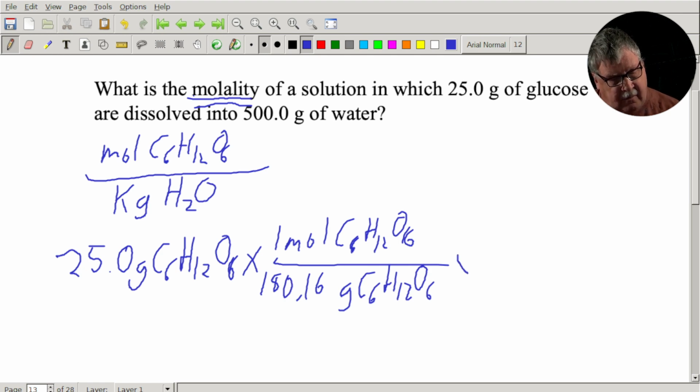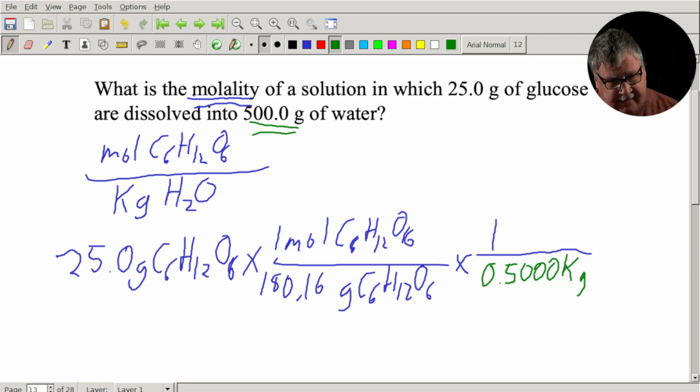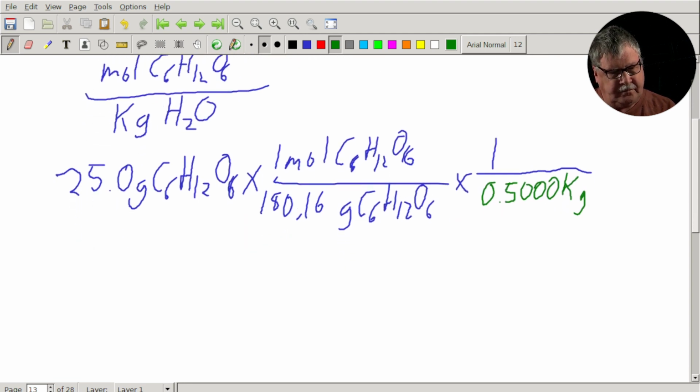And then again, what we could do is take that number of moles of glucose and divide it by the mass of the solvent in kilograms. If I have 500 grams of water, I could divide that by 1,000. And that gives me the mass of my solvent in kilograms.